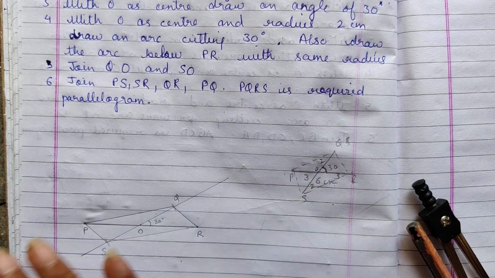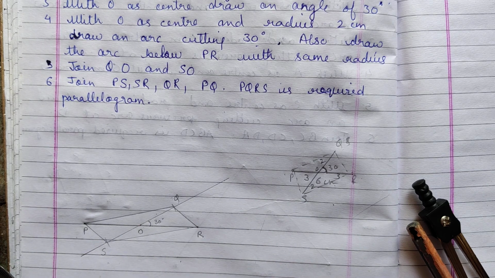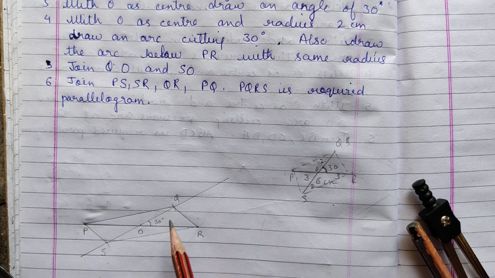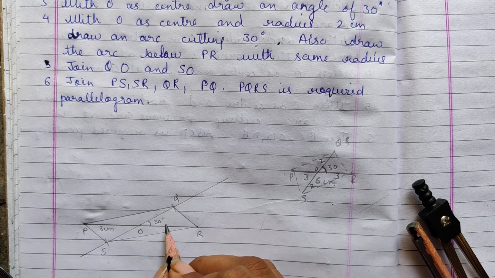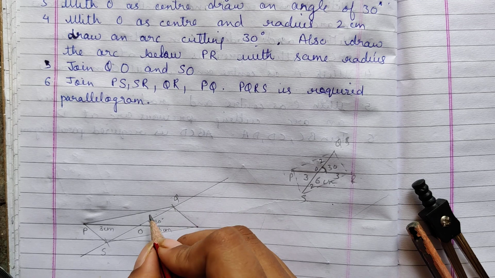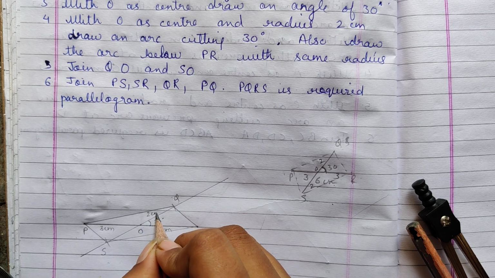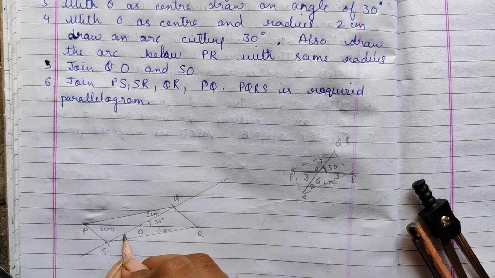So this is the required parallelogram PQRS, where PR and QS were the diagonals given. Just mark the sides: PO was 3 cm, OR was 3 cm, OQ was 2 cm, and OS was 2 cm.